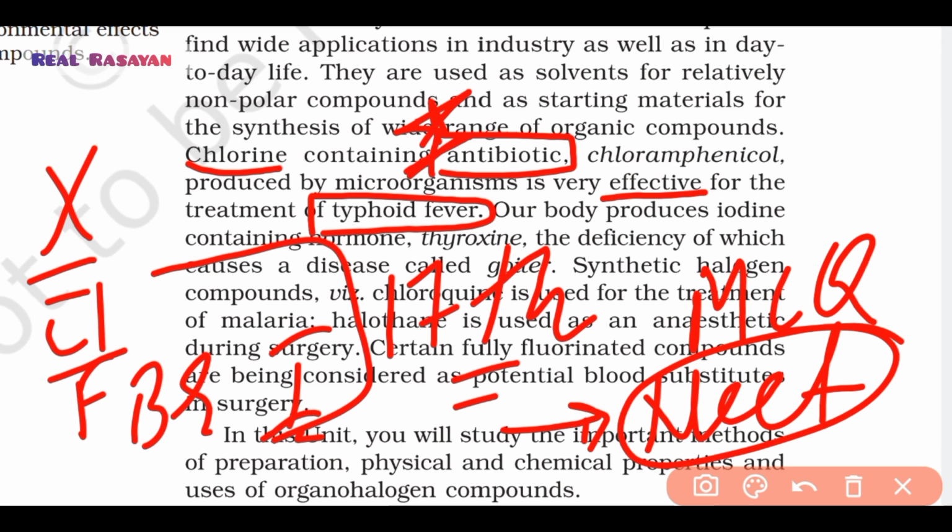Now chloramphenicol contains the halogen chlorine, so it can be remembered by chlorine starting with chlora. It means it is directly related to the first half of the letters of this chlorine atom. So chlorine containing antibiotic chloramphenicol is effective against typhoid fever. Must remember these two questions that can be prepared from this text.